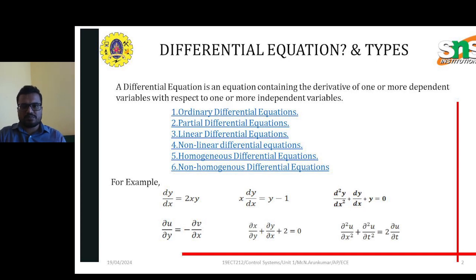So these are all some types of differential equation, so that we are able to identify the corresponding control system functions. Because every function has its own variables, based on the variables only we can declare it in the control system, so that we can get the concerned output signals.